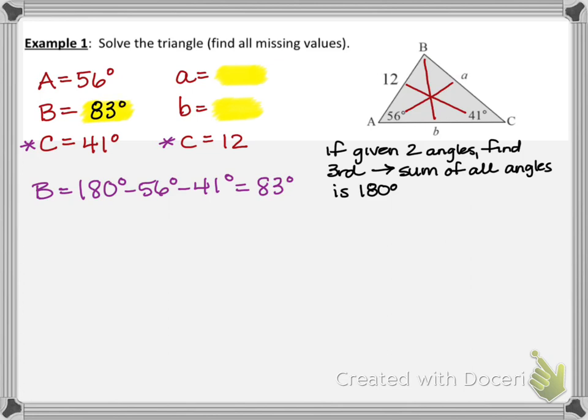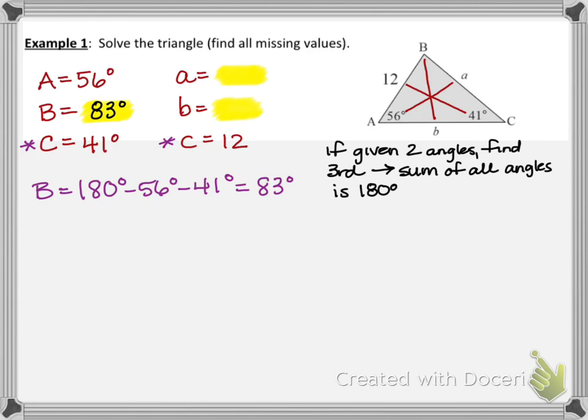Okay? Now we are going to proceed to find lowercase a and b, which are the side lengths. This is where we will use our law of sines. So I'm going to first look for length of a, okay? The length of lowercase a. So if I look back, I'm going to turn back one page here.